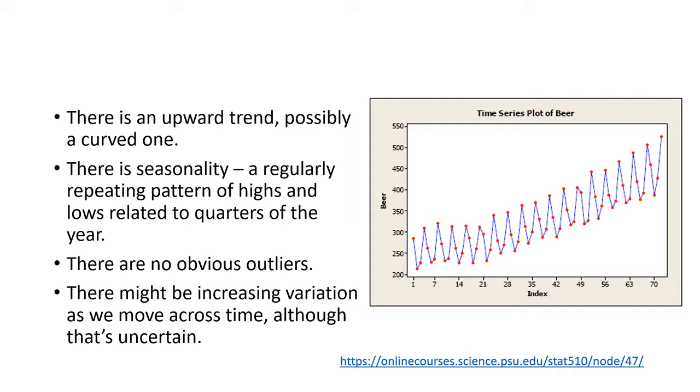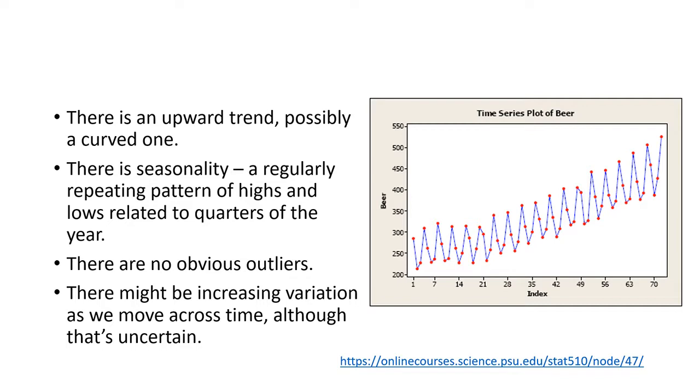So you got trend, you got seasonality. There are no obvious outliers, and you can see there is increasing variations because the width of the observation at 70 is wider than the width of observation on the first observation.